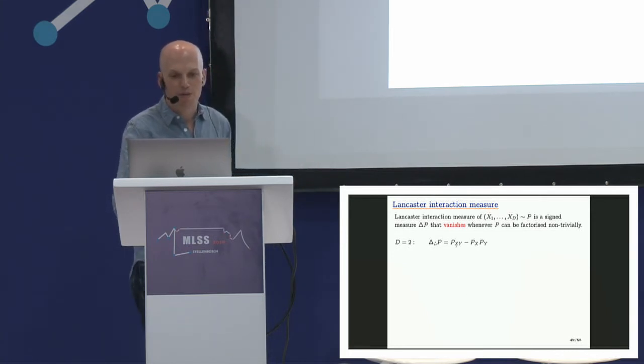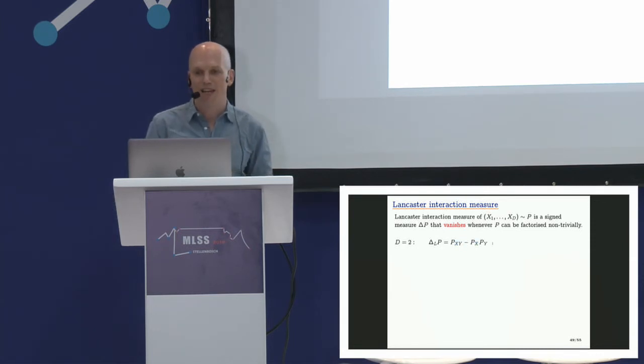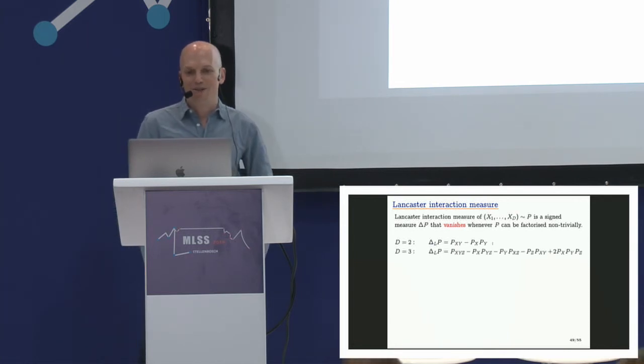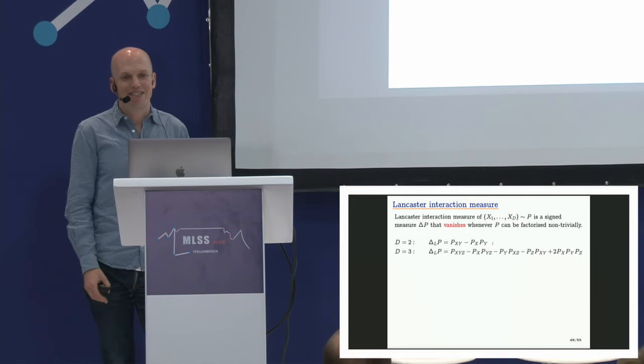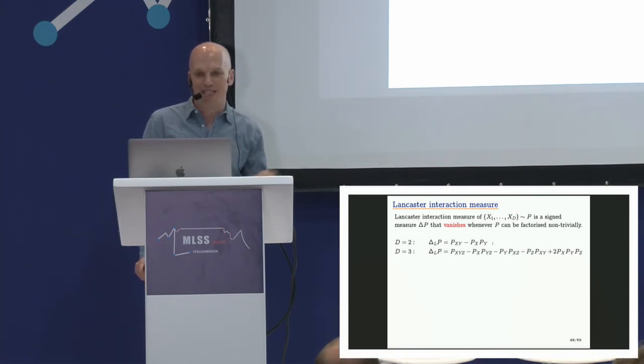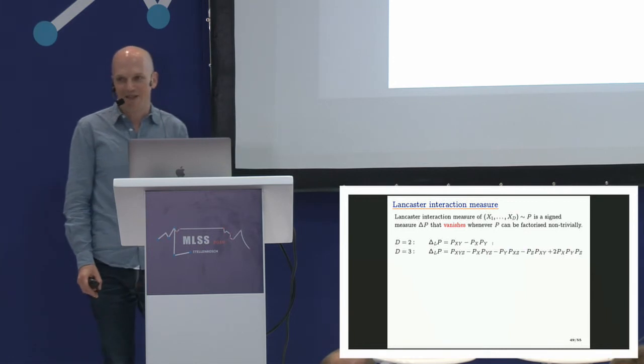It's looking at the difference between the joint and the product of the marginals, as I've done here. Okay? So if I have 3 variables, what does a sort of measure of factorization look like? So here is a proposed measure of factorization. And it's kind of messy. I've got the joint minus px pyz minus py pxz, etc., etc.